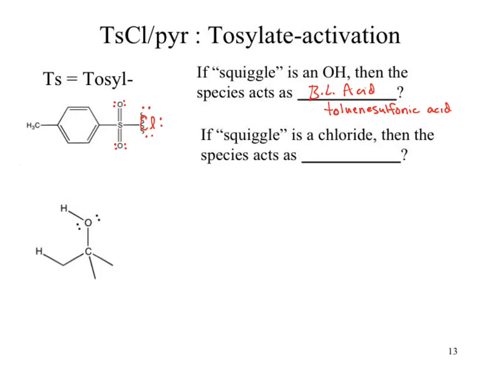But in that conclusion, we really just said the sulfur was what? Very, very positive. If our sulfur is positive, what does this species then act as? We now have a really good electrophile. What do we have in the case of our alcohol? We have the nucleophile.